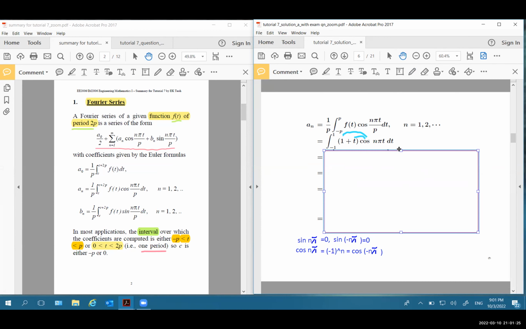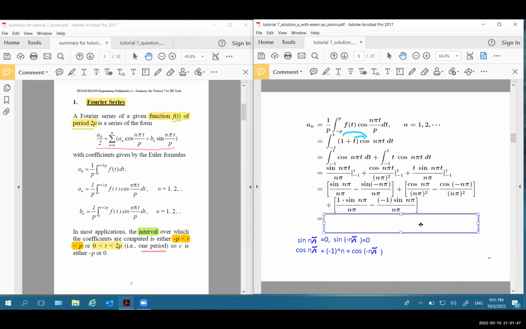So cosine n pi t, this one we know how to integrate. And then t cosine n pi t, this one is integration by parts. But your lecture notes already have the formula, right? So this one you just apply the formula there. Okay, so go and do it.